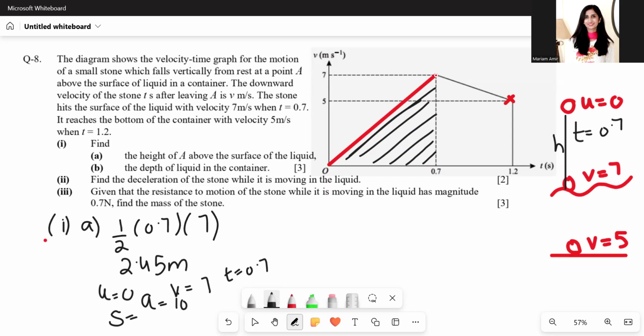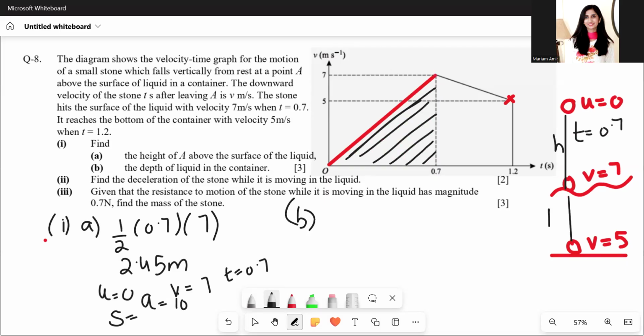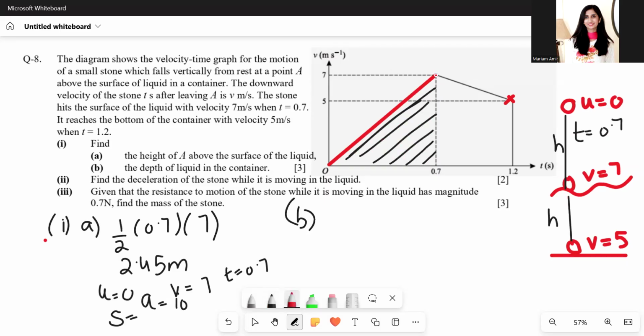Okay, moving on to part B, the depth of the liquid in the container. So now we need this height. That could be found by using the distance formula on this shape. So that would be area of a trapezium, which is half times height. Height is the distance between the parallel sides.